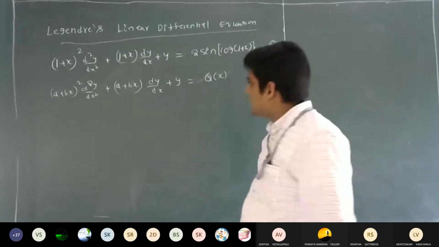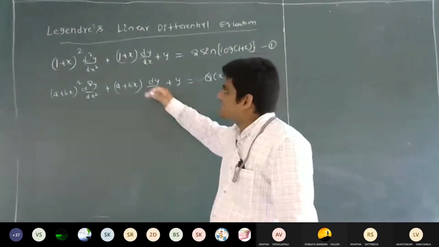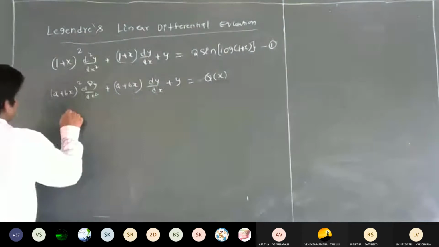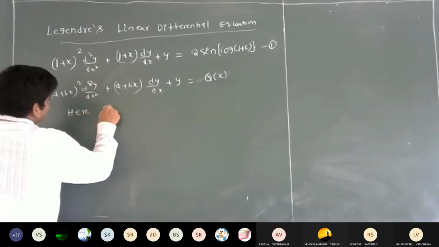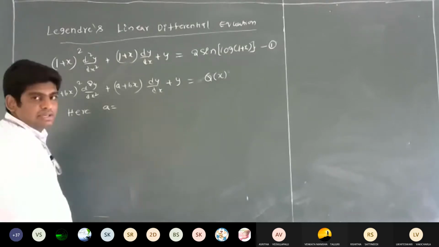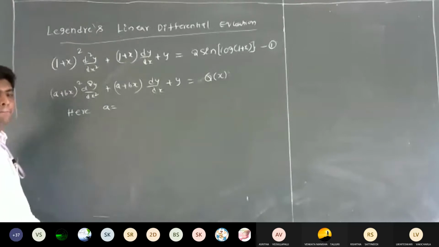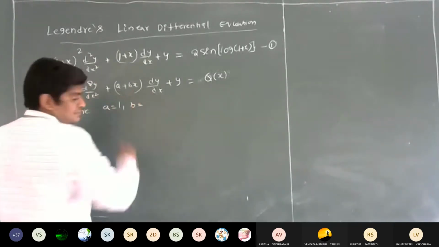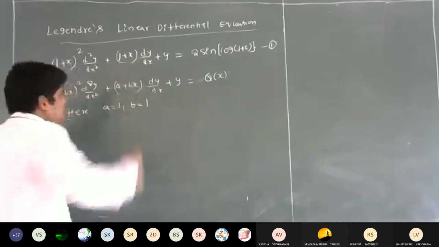So this is the second order Legendre differential equation, right? By comparing with that, here what is a? 1, sir. What is b? 1, sir.